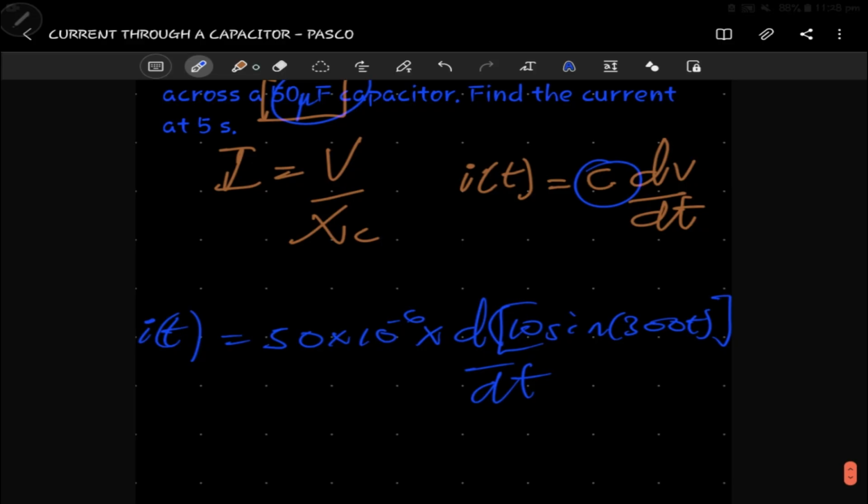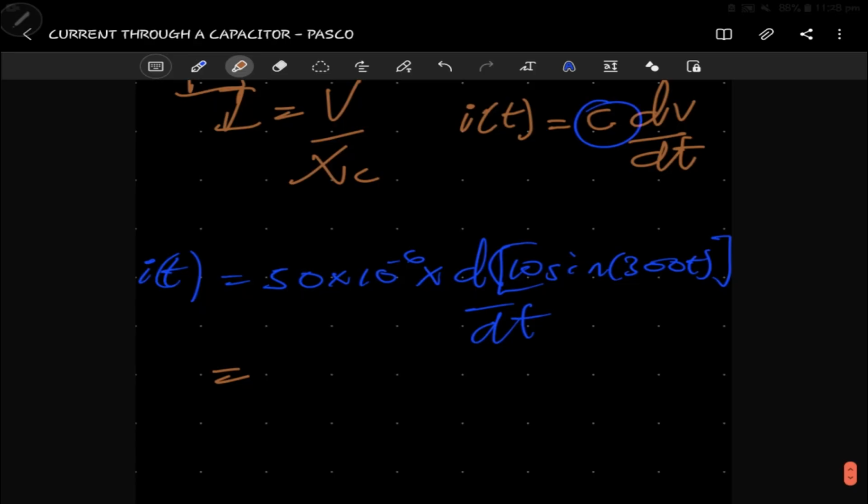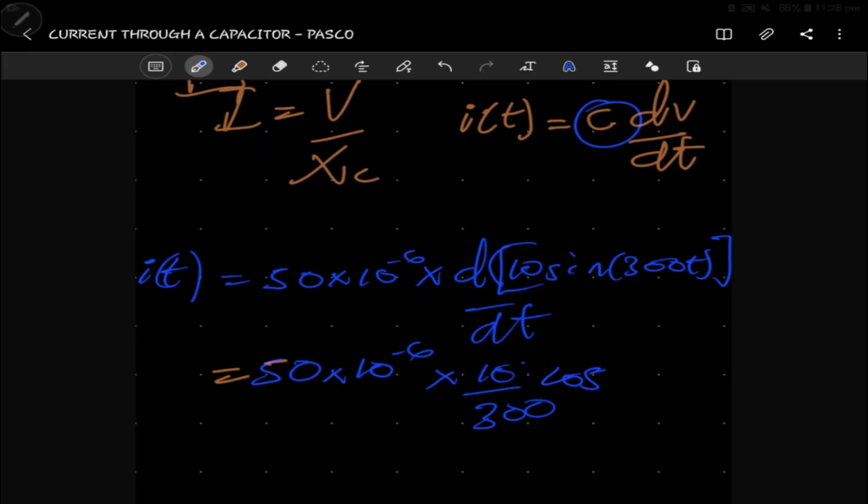And it's saying that we should find the current at 5 seconds. If we were doing this manually, it would be 50 times 10 to the power minus 6, and then find the derivative of this. So that gives us 10 on 300, and then cos 300t.